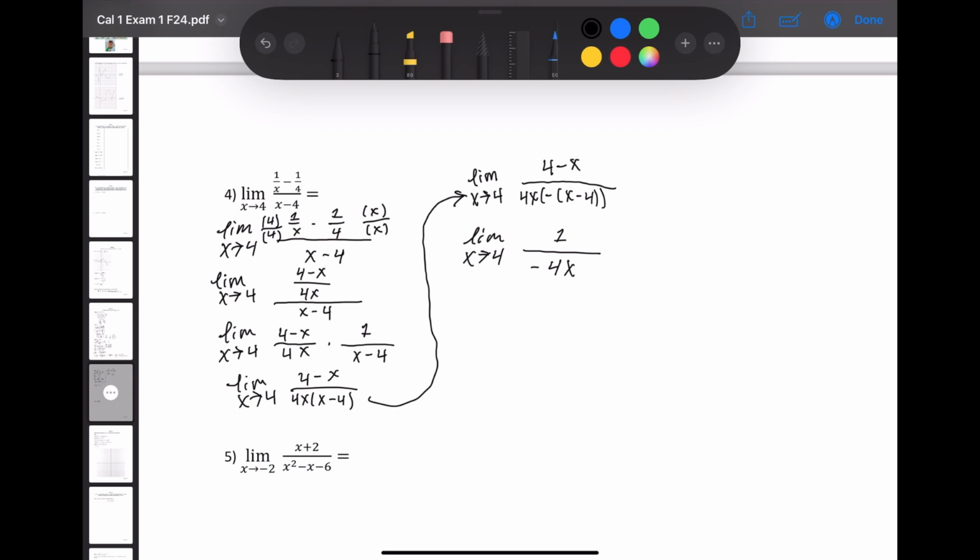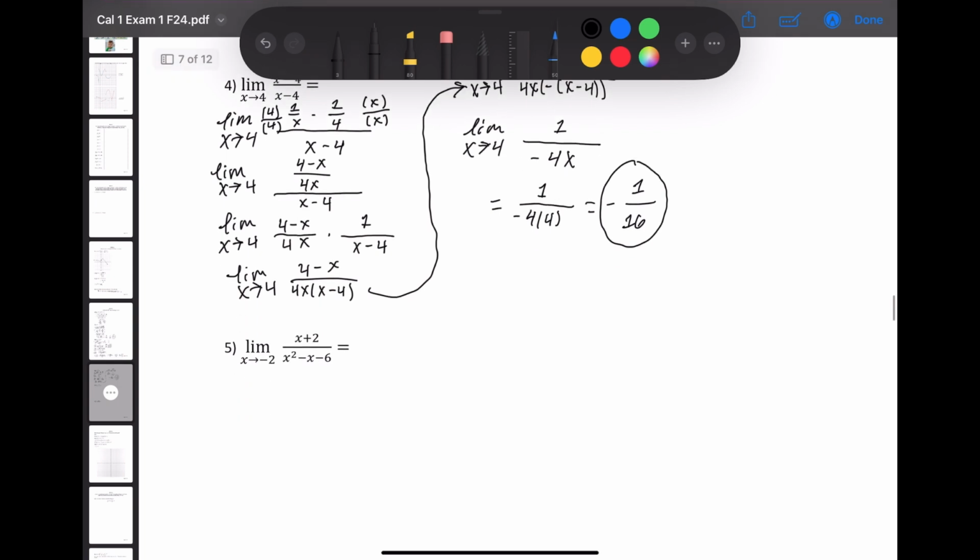And now we can apply our limit. So we're going to have negative 1 over 4 times 4, so that's going to give us negative 1/16. And that's your answer for this one.